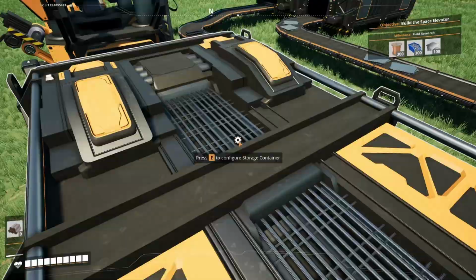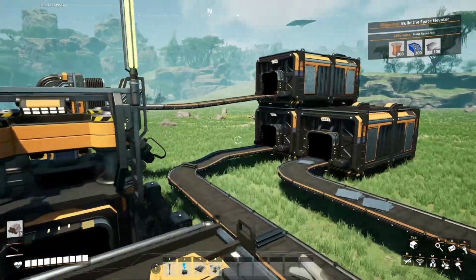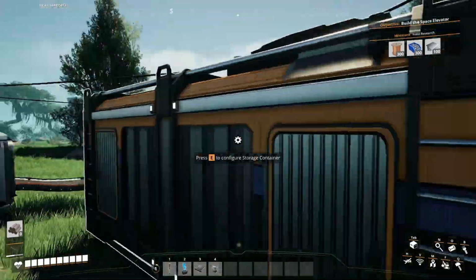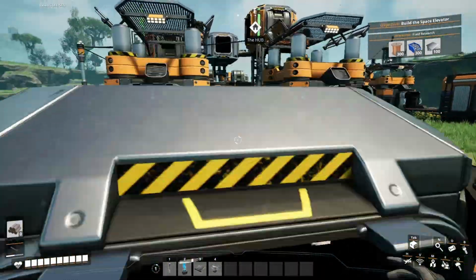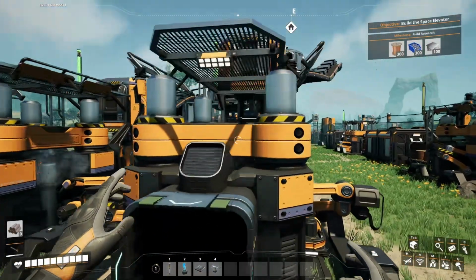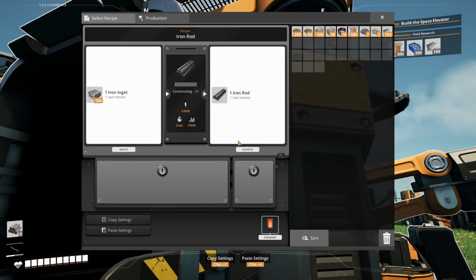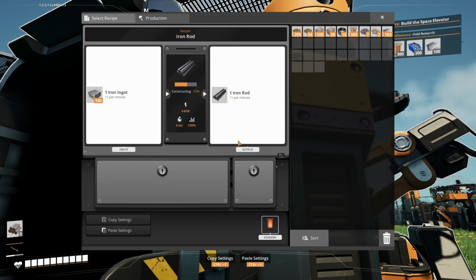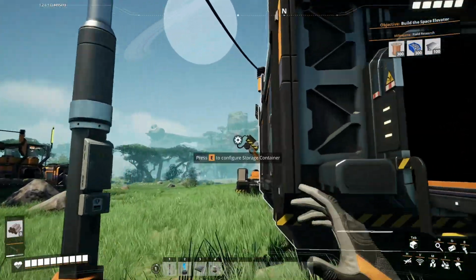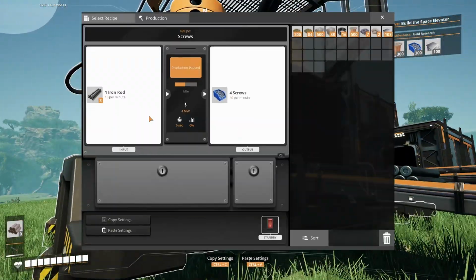But I need to let the iron rods build up for a while so that we can have a steady stream of throughput. Because right now they're only getting about half of this machine's output. This puts out 15 per minute. This consumes 10 per minute.